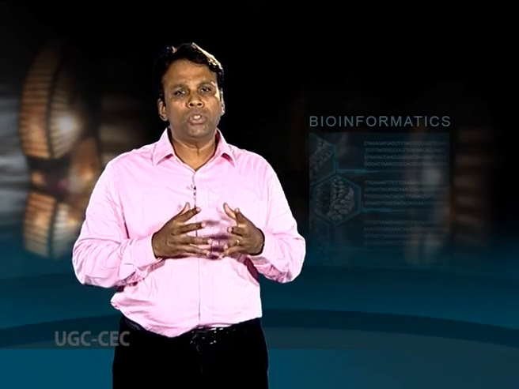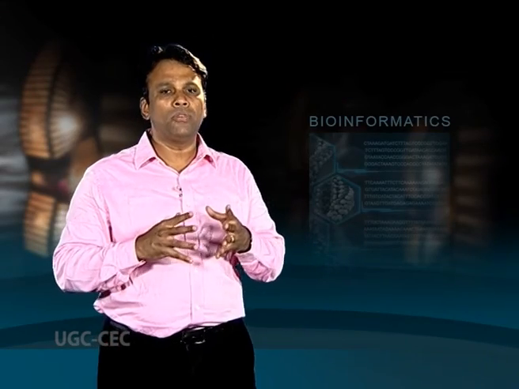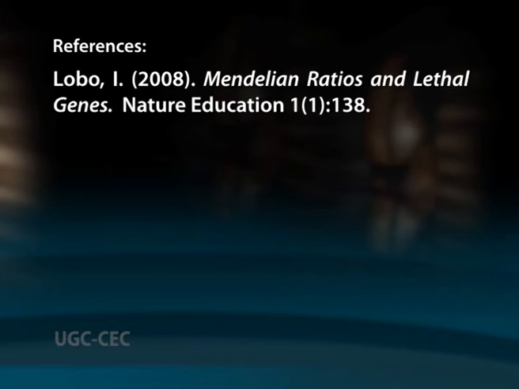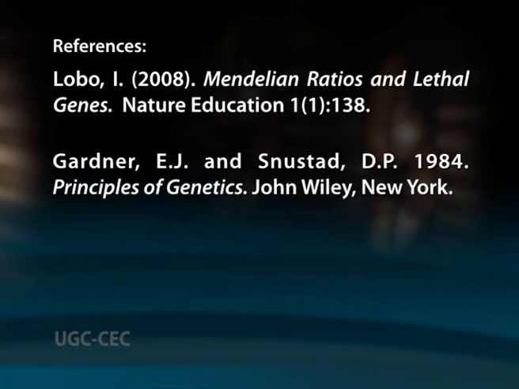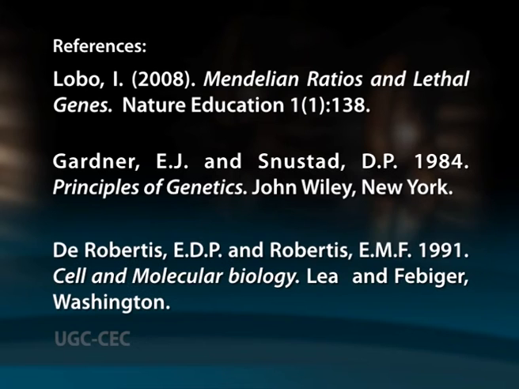Now, I can also suggest some books for your further reading. The first one is entitled Mendelian Ratios and Lethal Genes, written by Lobo and published by Nature Education in the year 2008. The second book is entitled Principles of Genetics, written by Gardner and Snustad in the year 1984, published by John Wiley, New York.